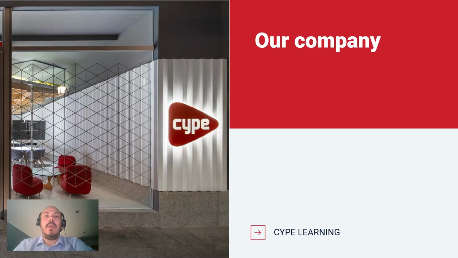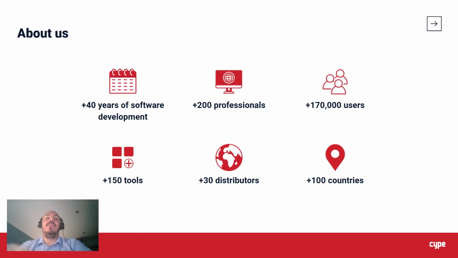Okay, so let's start. Our company, very fast. Probably most of you already know our company, but if you don't, this is Cype. Our company was founded in 1983, so we have more than 40 years of experience developing software for the AEC sector. Nowadays, our team is around 200 professionals working in software development.